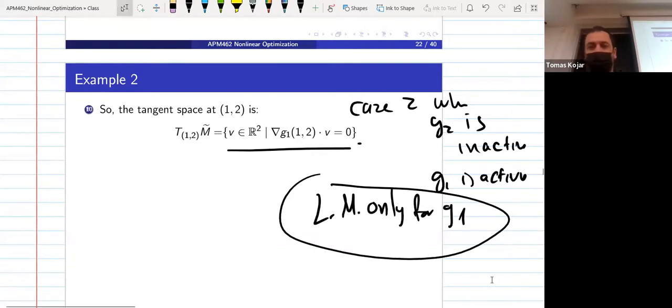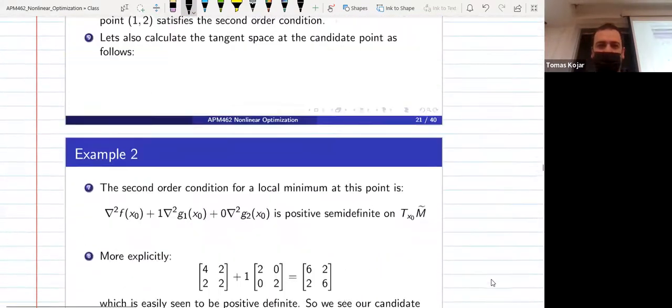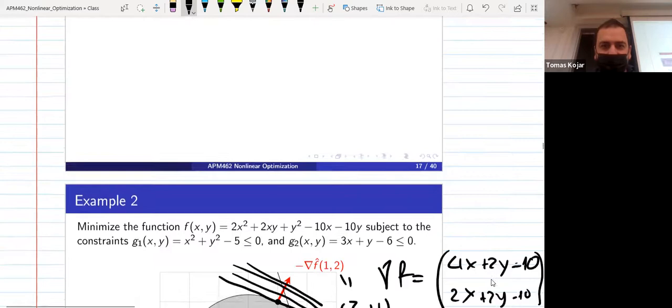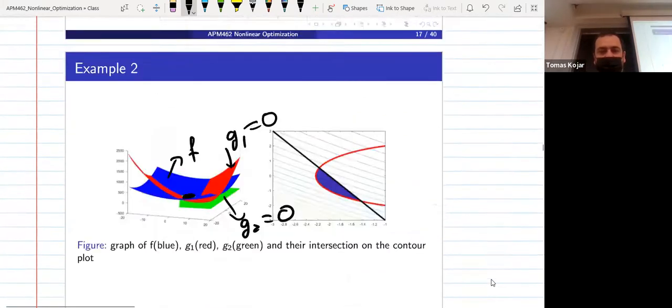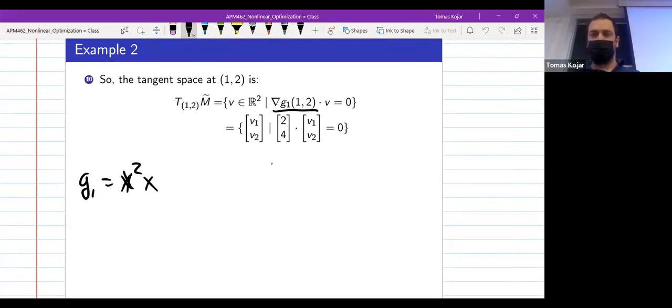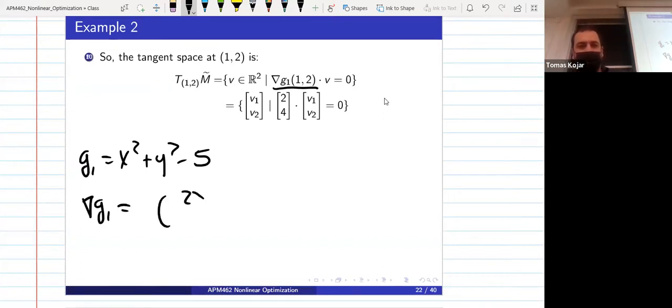All right, so let me give you the tangent space. So G1 was the circle of radius 5. The gradient of G1 is (2x, 2y).